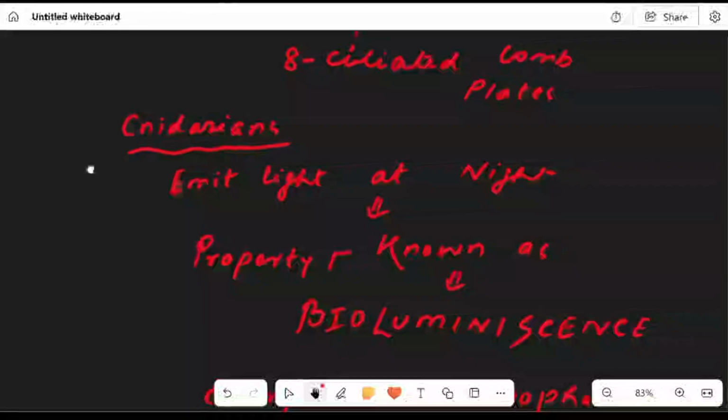Now the ctenophorans have a special characteristic. They emit light at night in the sea, and this property is known as bioluminescence. It is the characteristic of ctenophorans.